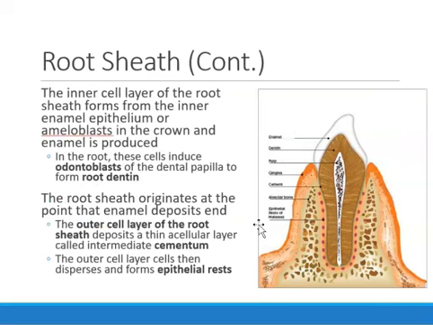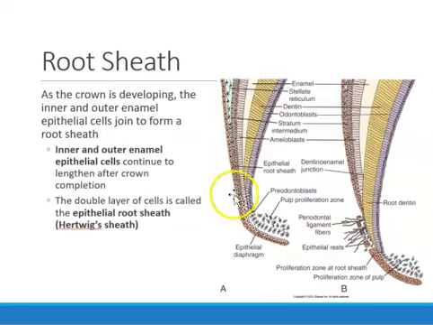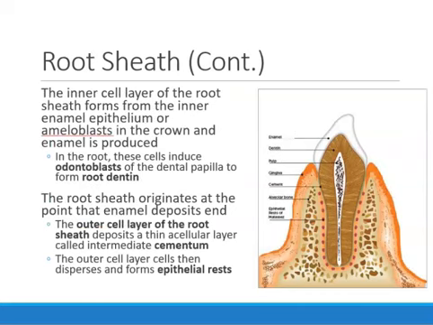Okay, so when this root sheath is formed, there's going to be cells there. Let's look over here, there's going to be odontoblasts, and remember odontoblasts make dentin?